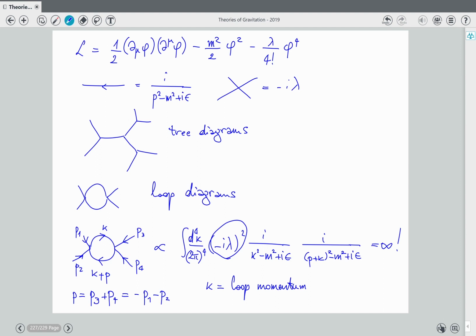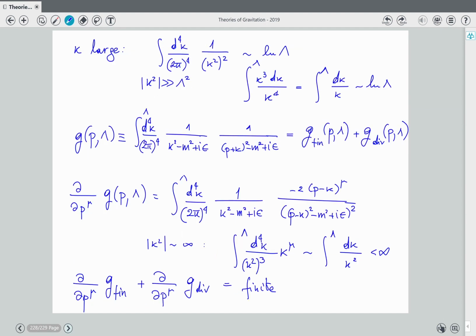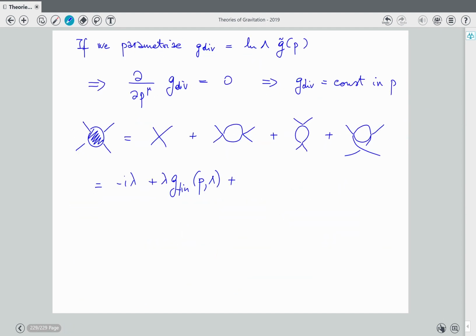We dropped the lambda factors, so there was a lambda squared. So let's recall that in front here there is a lambda squared, and there is a number because there are combinatorial factors. So let me put a number here. We are not interested in these numbers.